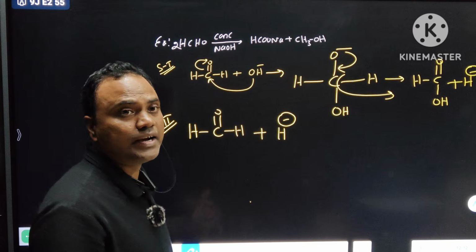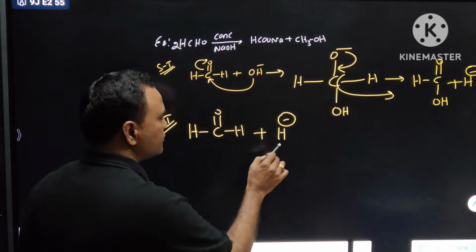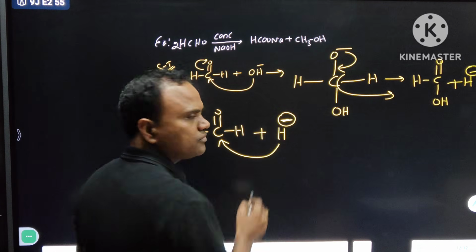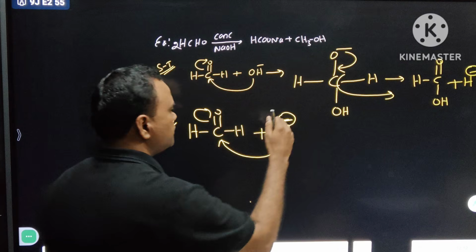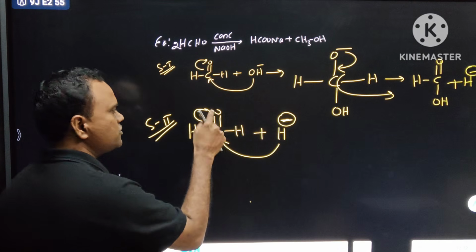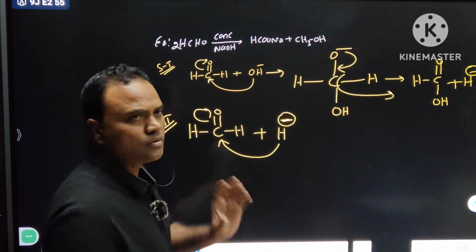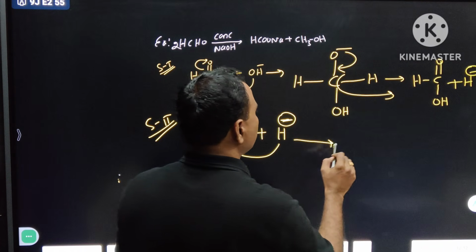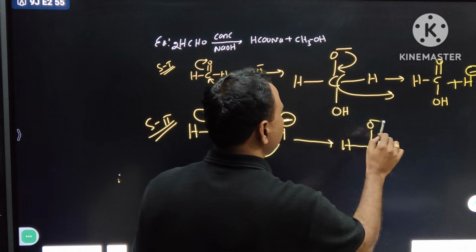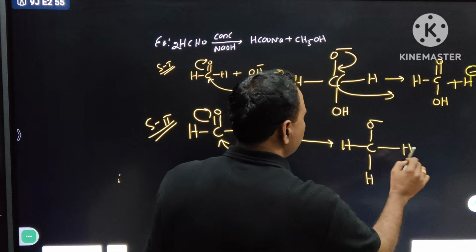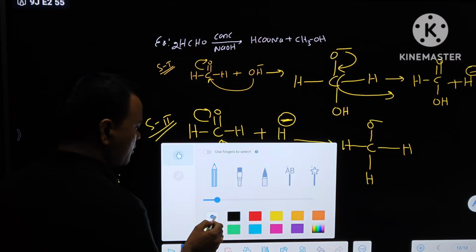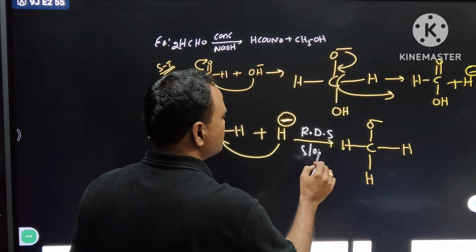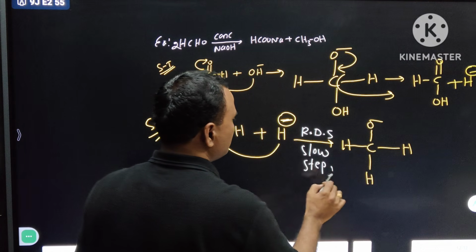Hydride ion transfer takes place in which reaction? Cannizzaro. When this attaches to carbon, this bond will shift onto oxygen, because the maximum number of bonds around carbon is 4. So we get H, C, O negative, H and H. This is called the RDS, the rate determining step. Slow step, very, very important.